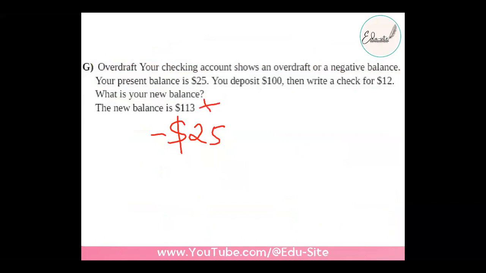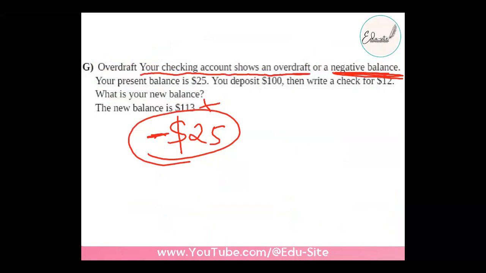If it is minus dollar, what does negative balance mean? It means that you have 25 less amount. You have taken more than what is in your account. So you have taken 25 more than what was in your account. So the balance was minus 25 in your account actually. Your checking account shows an overdraft, so it is minus $25.